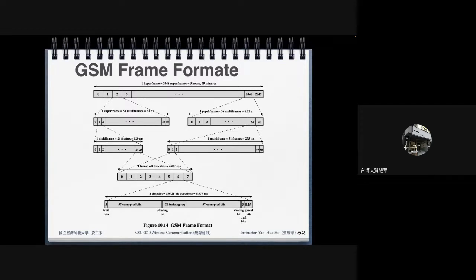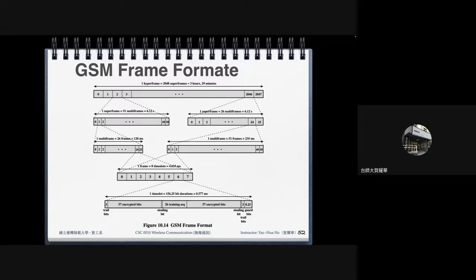Each of those superframes is 6.112 seconds, which breaks down into 51 multi-frames. One multi-frame will break down into 26 frames. That one multi-frame is 120 milliseconds.